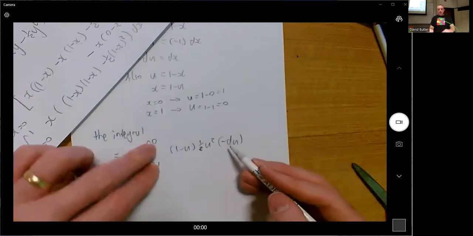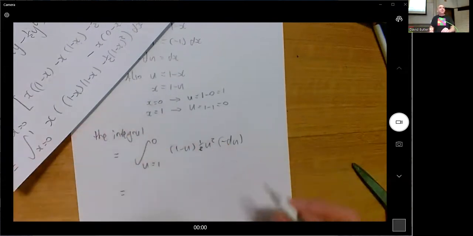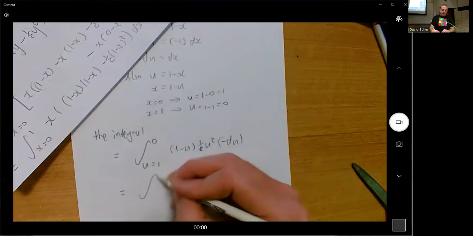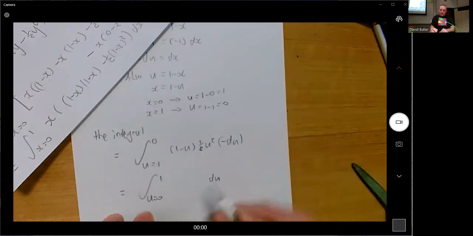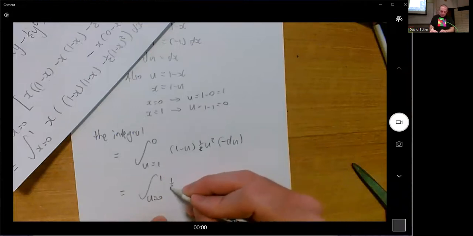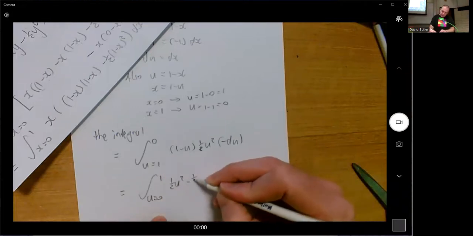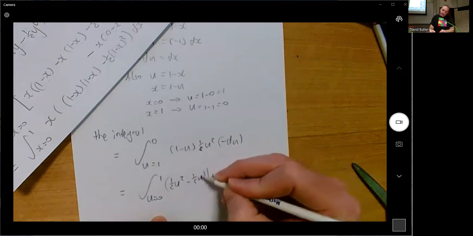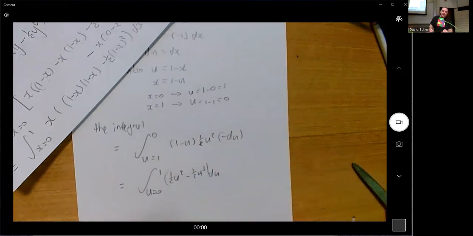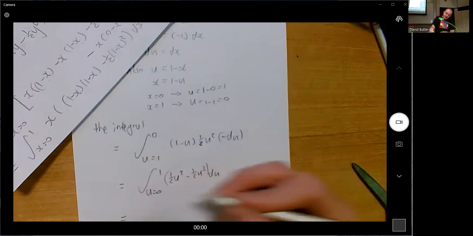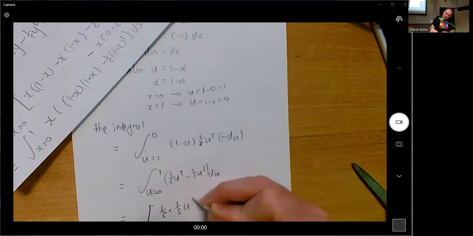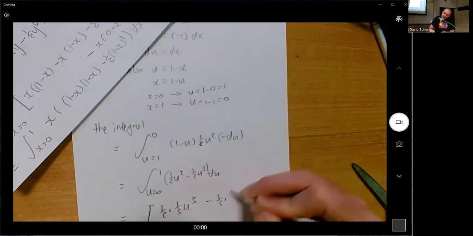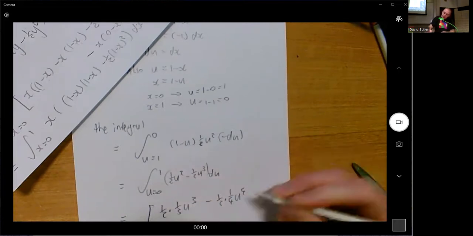Now that minus and these will switch that around the other way, which is nicer. And then I've got half of u squared minus a half of u cubed, and that I can do. The half is still there, that'll go up to 3. The half is still there, that'll go up to 4.